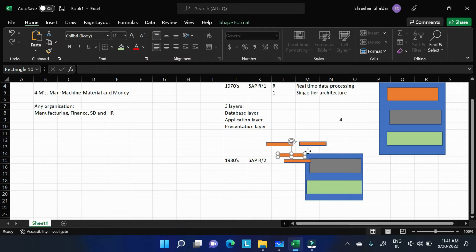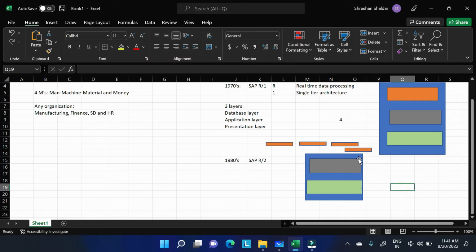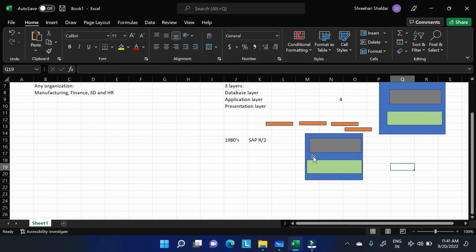We can integrate these presentation layers to the application as well as the database layer, so that you can have access for different end users. That is what SAP came up with. It also has good performance, so that it can support multiple users. That was the main thing over here.